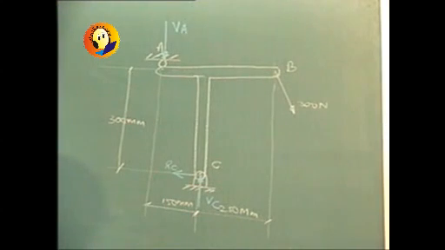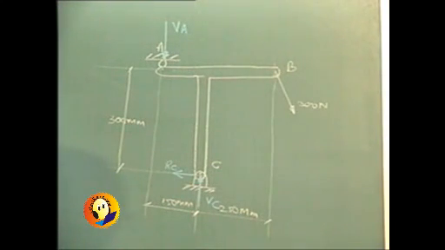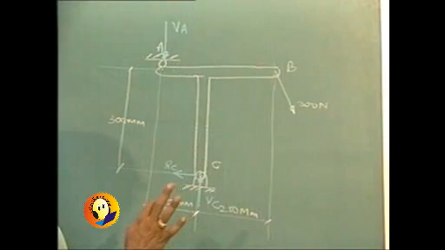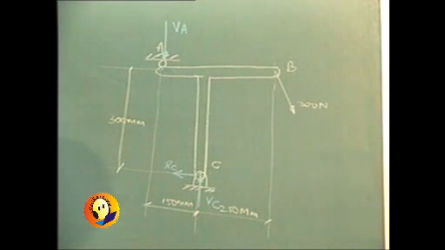And we have our basic equilibrium condition: when a body is acted upon by 3 external forces which are concurrent, then and only then will the body be in equilibrium. If there are 3 forces acting on the body which are not concurrent, then that body cannot be in equilibrium.